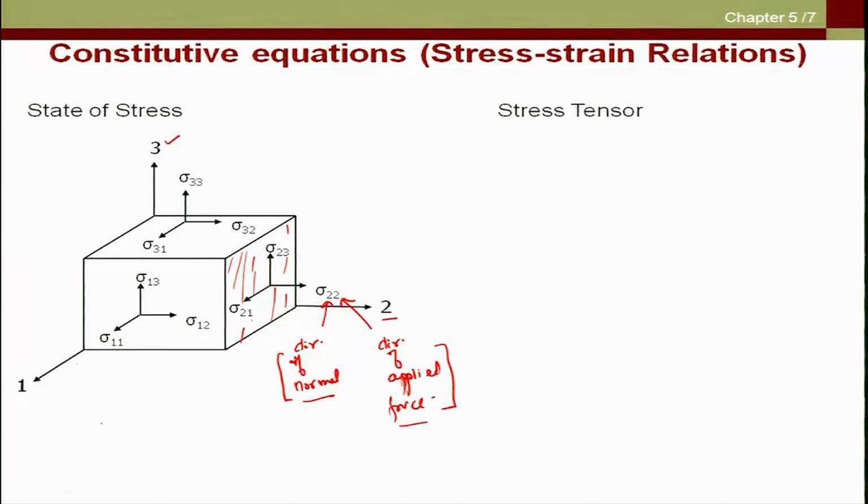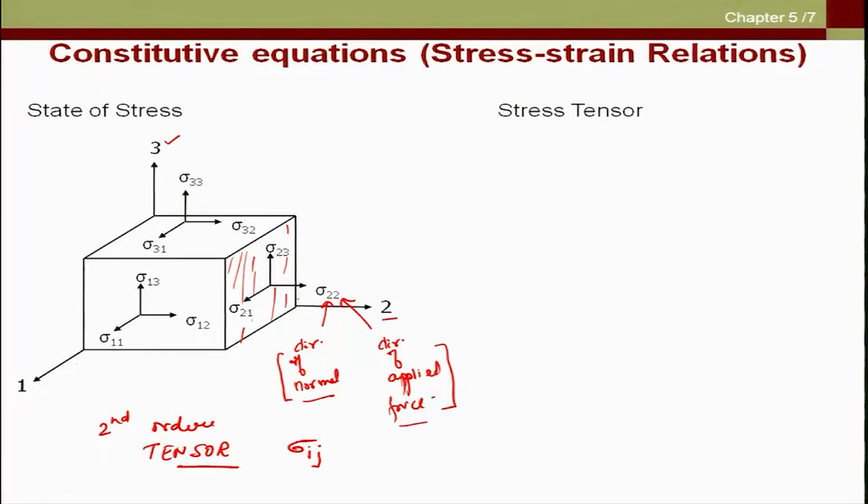So, it is a second order tensor, and in general I can specify it as sigma ij, where i represents the direction of the normal of the face on which it is acting and j represents the direction of the force which is applied on that particular surface. Okay. So, this is how I define stresses.